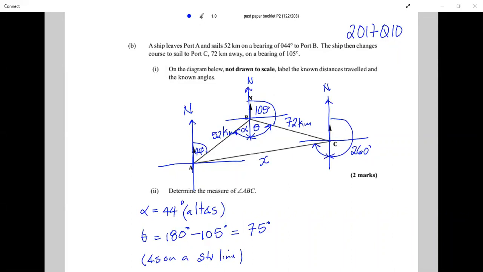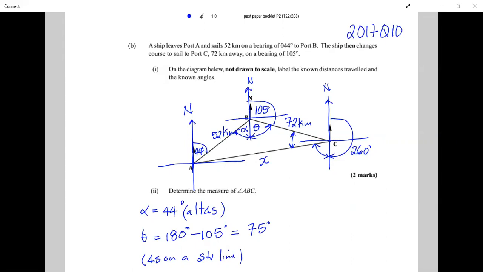What's the easiest way to find out? It's a good question. Oh, I see it. I think I see it. But in order for us to find it at all, I think we might have to find this angle first.